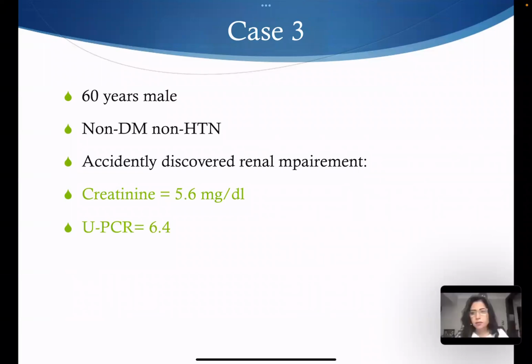This was a 60-year-old male, non-diabetic, non-hypertensive, with accidentally discovered renal impairment with a creatinine of 5.6 and urinary PCR of 6.4. Because of a good ultrasound of the kidney, the patient was biopsied, and this was his biopsy.